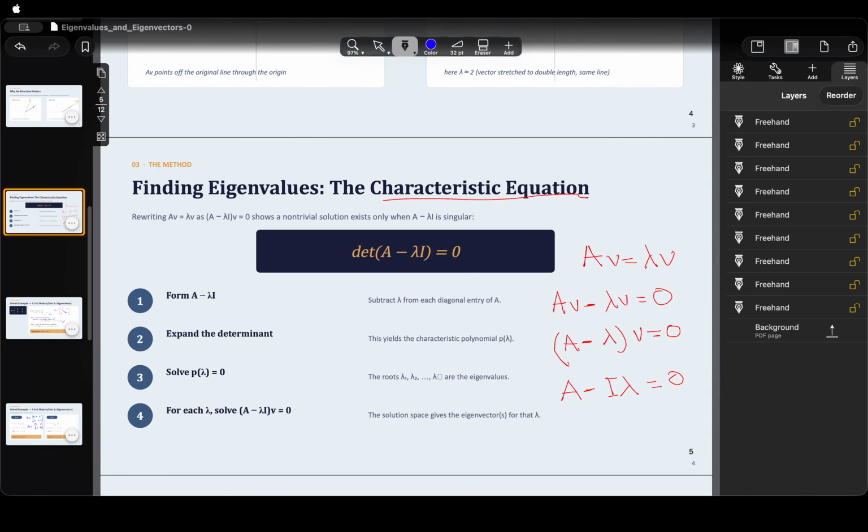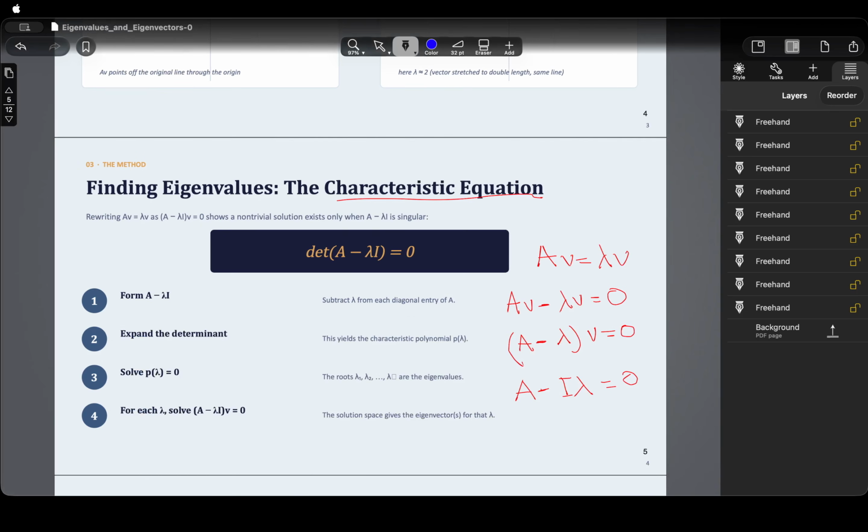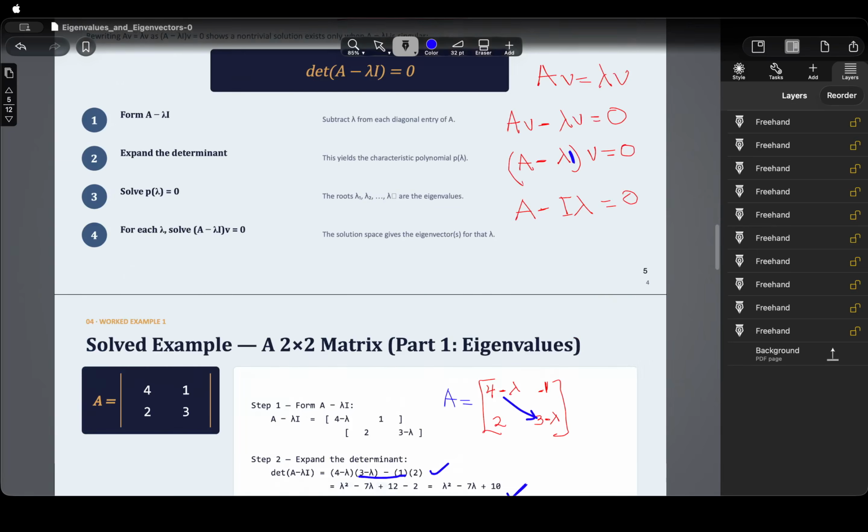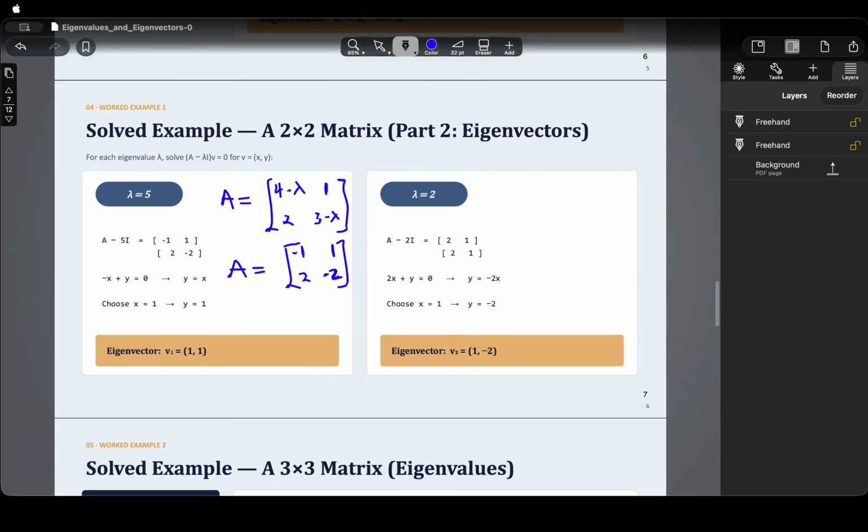So for each lambda, you want to find your A minus lambda I, V equal to what? 0. So that is the substitution you actually do from here.